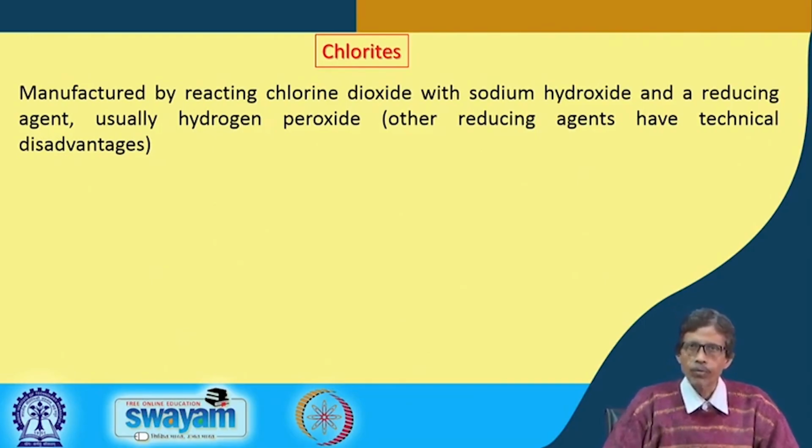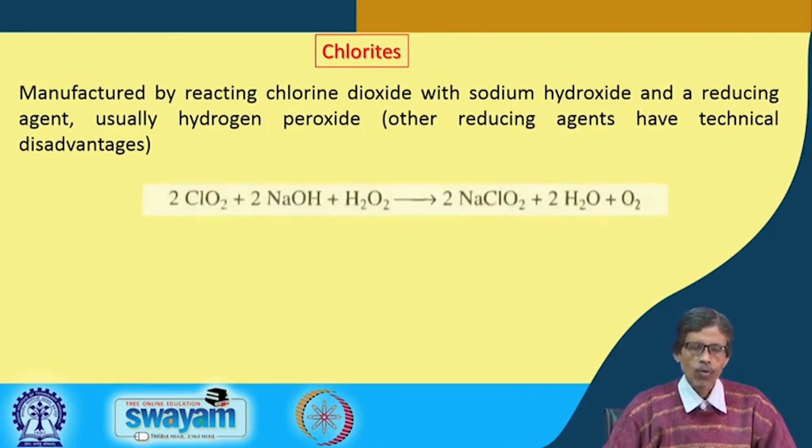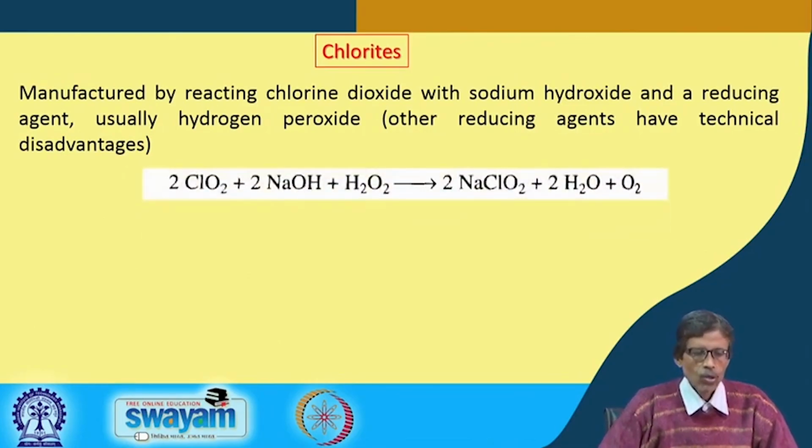The very selective one is hydrogen peroxide, and we all know that hydrogen peroxide can give the corresponding supply of hydroxide groups as well as oxide functions, depending on the type of reaction. So it reacts directly with chlorine dioxide, ClO2, in alkaline medium, and that hydrogen peroxide gives us NaClO2.